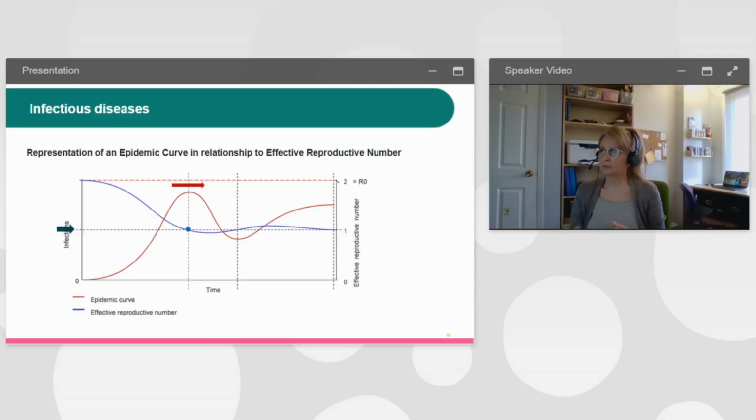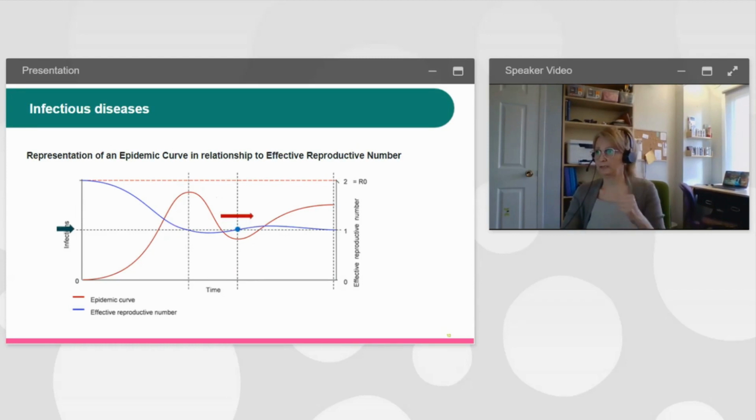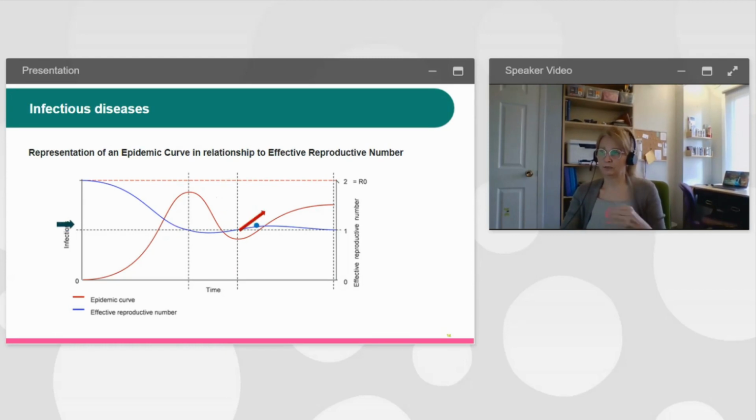And if it continues to drop to the level where R naught becomes equal to 1, which means that only one infected individual is causing one new case, we can see that the curve flattens. If it continues to decline even more, then we expect the infection to decline as well, and so on. If it goes to 1, it will flatten again, and if it continues to increase, we will see an increasing number of infected cases, and so on.